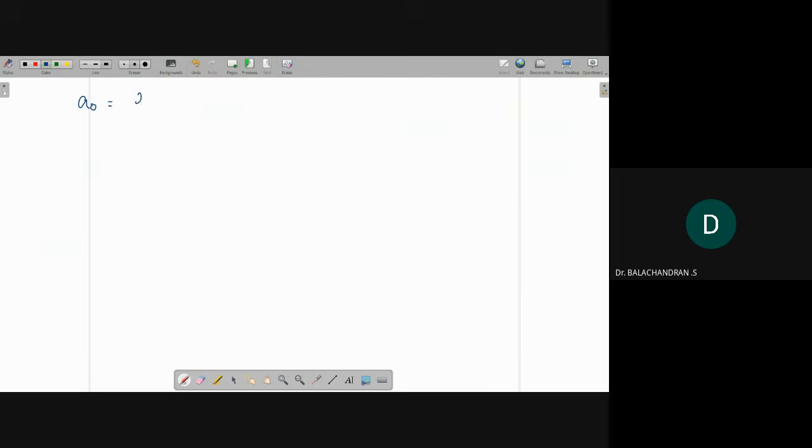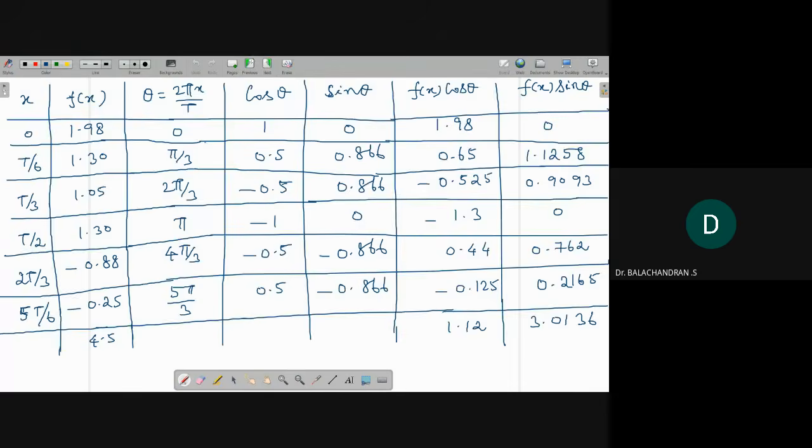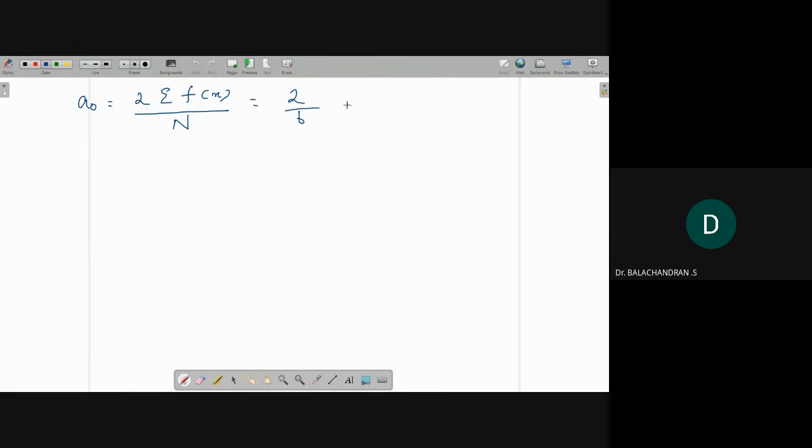A naught equals 2 into summation f of x by n, which is 2 into 2 by 6. Summation f of x is 4.5. It is equal to 1.5.